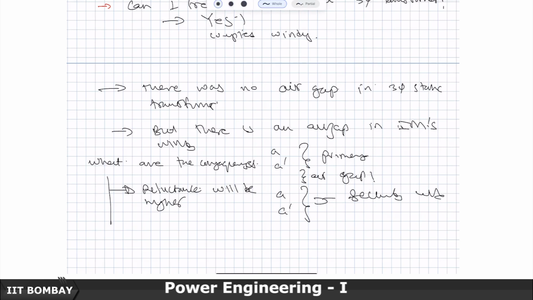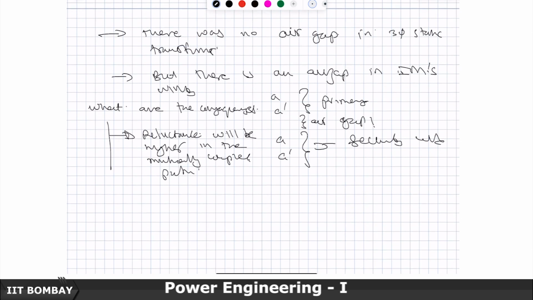Due to the air gap, the reluctance will be higher in the mutually coupled path. Reluctance will be higher in the mutually coupled path.